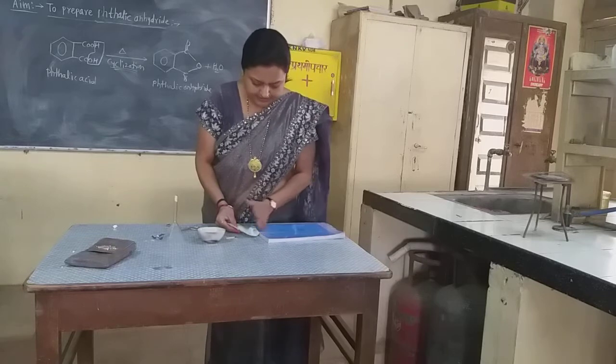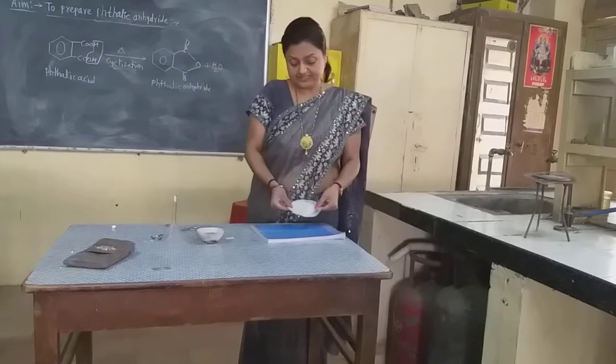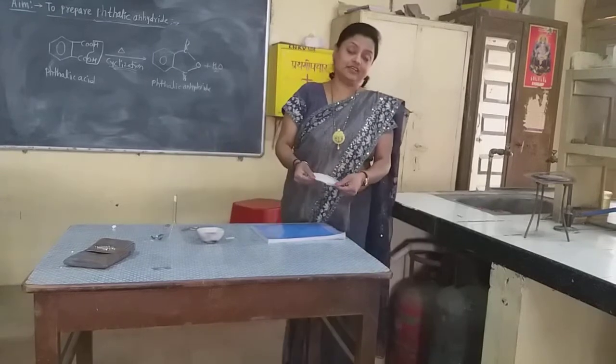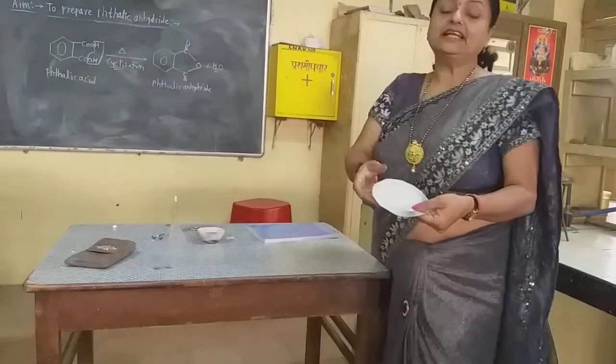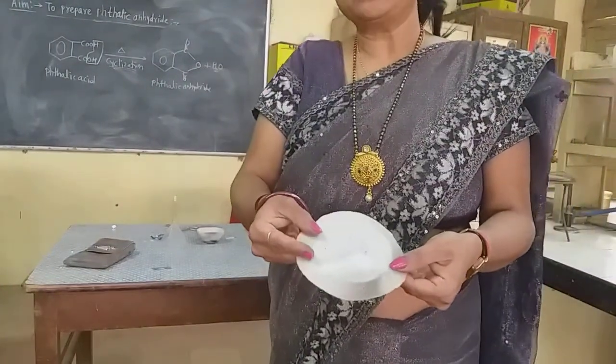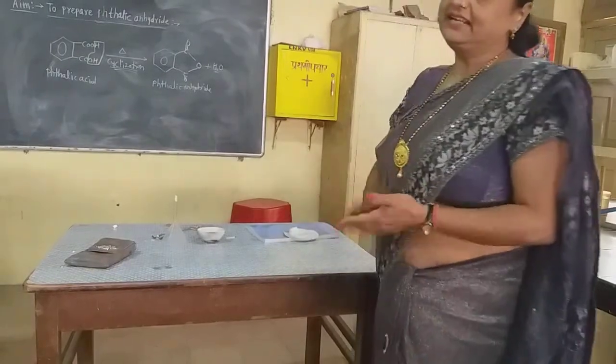You have to collect that and then go to the balance room to weigh these delicate white colored needle shaped crystals of phthalic anhydride. Now this is our first activity. This is very simple, to prepare phthalic anhydride.